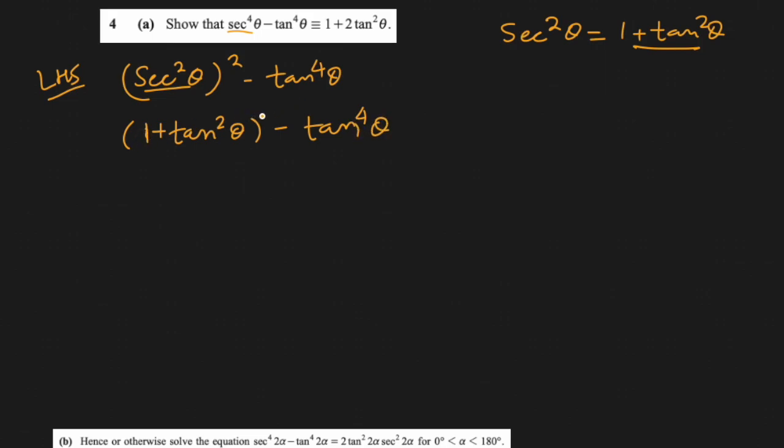Oh sorry, I forgot to write the square here. Now I can use the identity (a plus b) whole squared, which is a squared plus b squared plus 2ab, and that's what I'm going to use here.